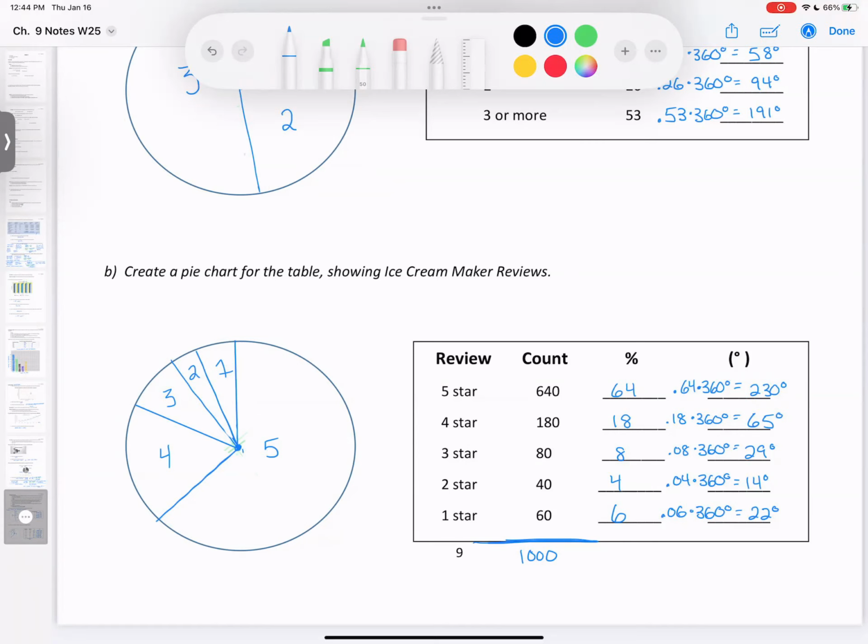So, stars given, number of stars given for Ice Cream Maker reviews. And that is your pie chart.